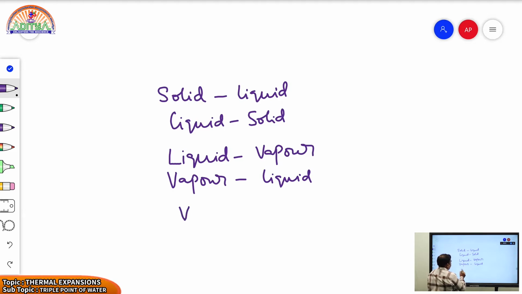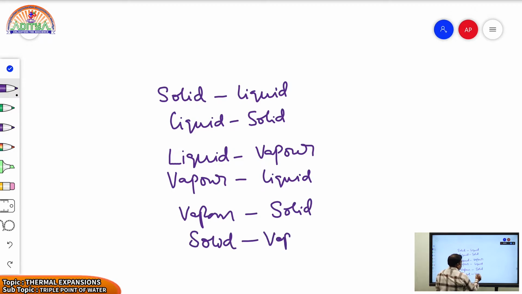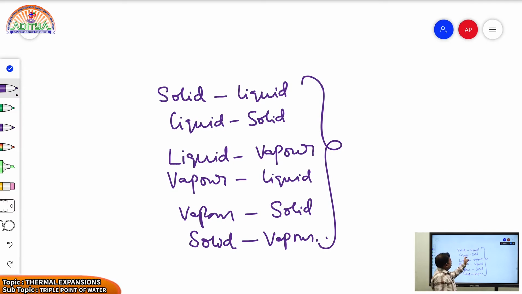Then vapor to solid, and before that solid to vapor also. These are the processes that we studied. Now look, solid may convert into liquid, liquid may convert into solid. Now we are studying an important concept called triple point.